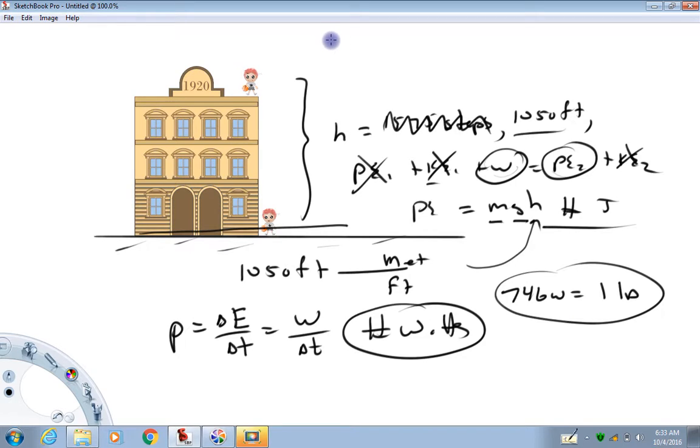There's a conversion factor between horsepower and foot-pounds per second, but I don't remember what it is. You're going to have to look that up. So figure out how many foot-pounds per second in a horsepower. It might be 550 foot-pounds per second equals 1 horsepower. But again, look that up and verify. Use this as a conversion factor to convert your horsepower to foot-pounds per second. All right, and that should get that done.